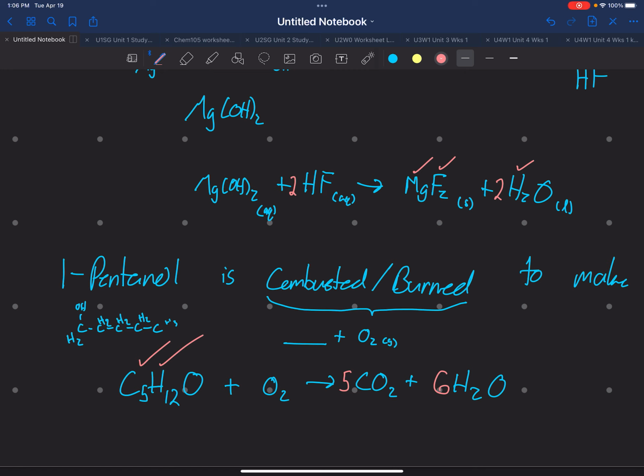So let's see. There's 16 on this side, right? We already have 1 here, and this one's still missing a coefficient. That means we need to make this equal 15, right? Because of the 1 on the left, we can subtract that from the total of 16 that we need.